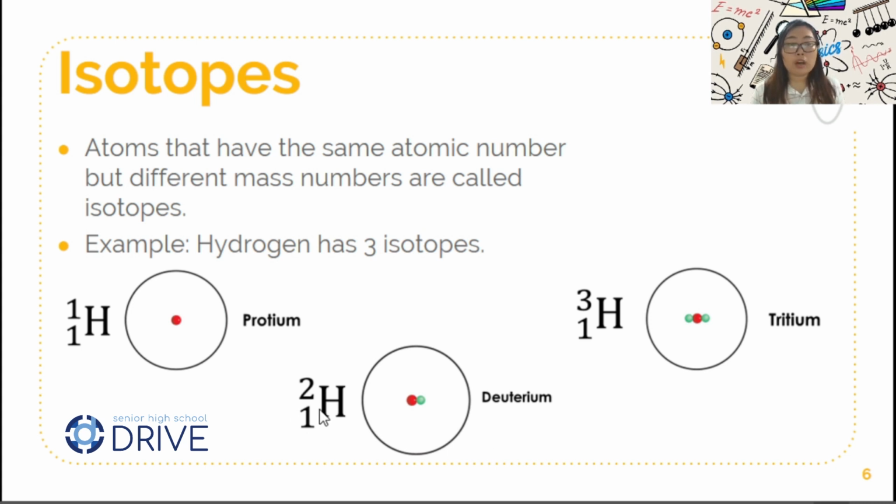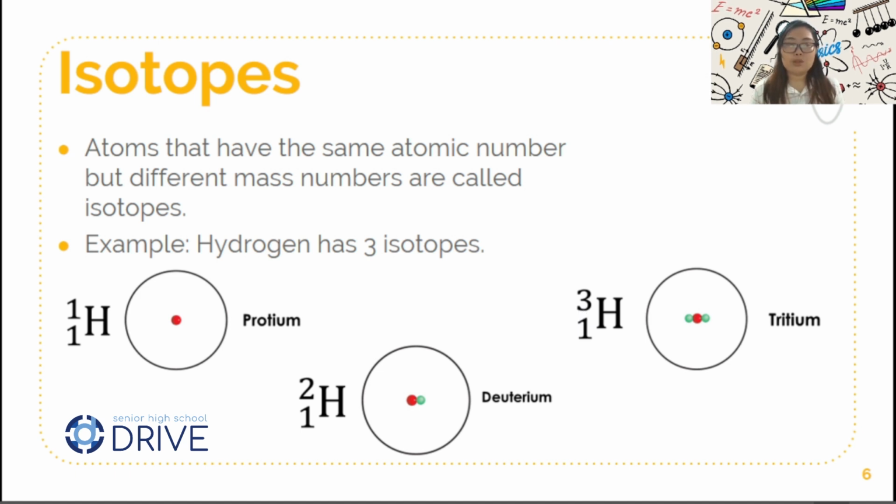Deuterium has one proton because the atomic number is 1. However, the mass number is 2. So it has an additional 1 neutron. Okay? Therefore, it is heavier compared to protium. And then another isotope of hydrogen, which is tritium, has one proton because the atomic number again is 1, but it has 2 extra neutrons.